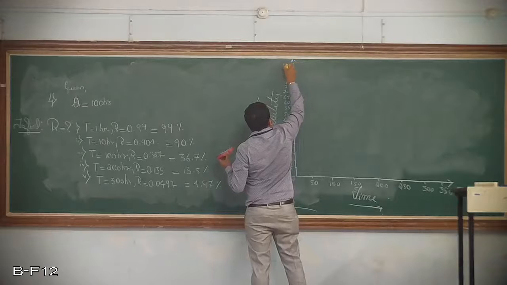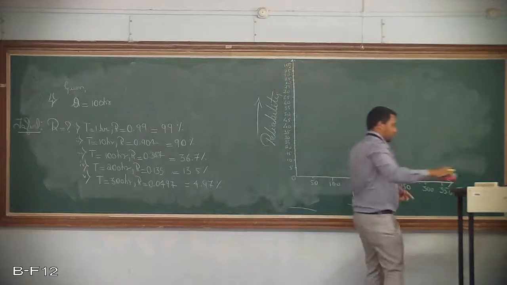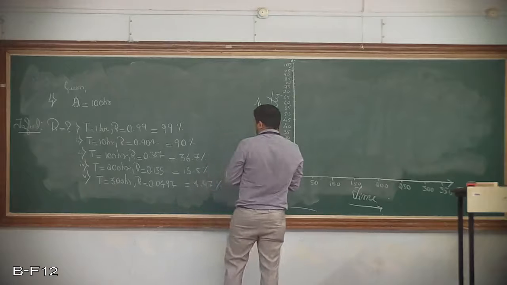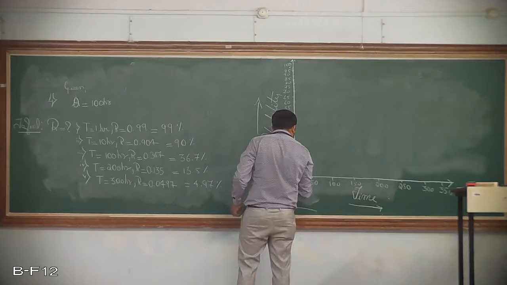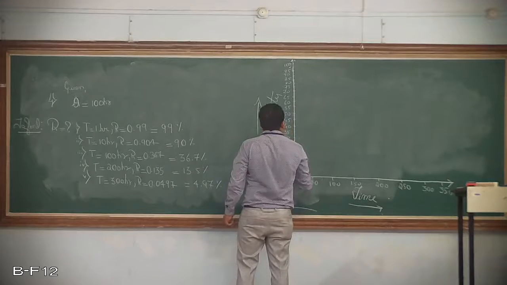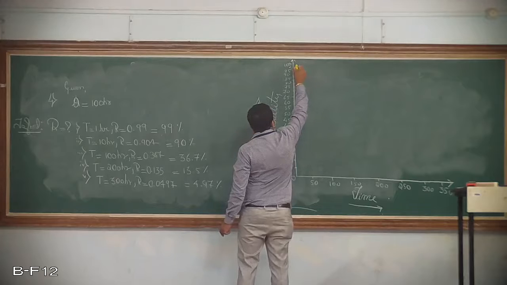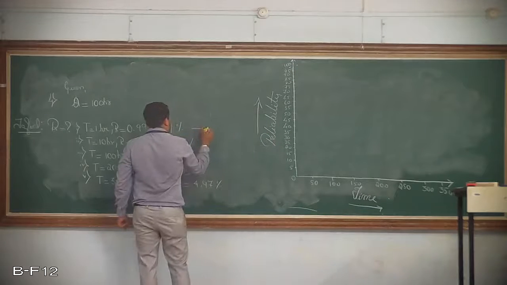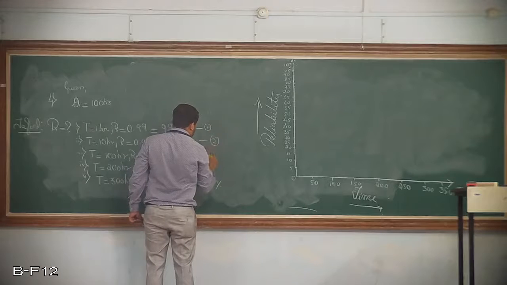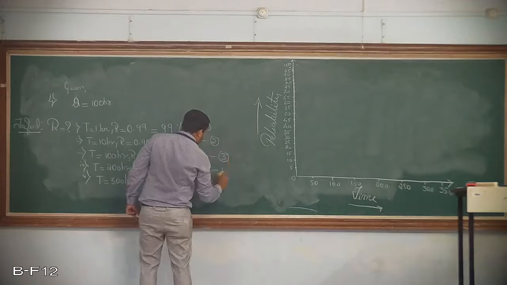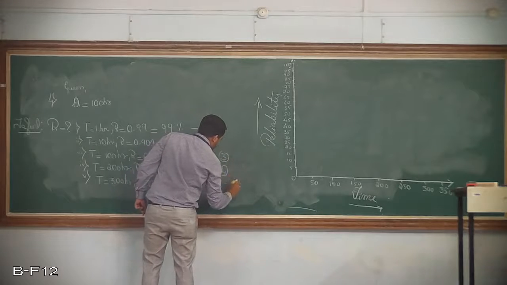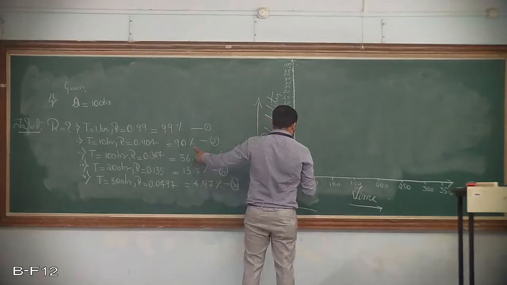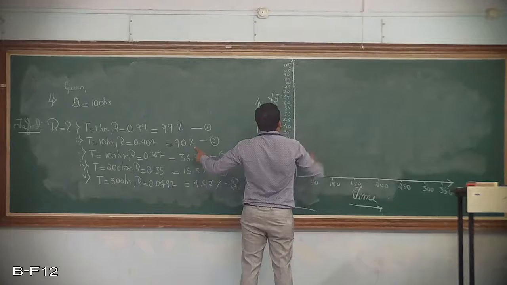And this will be 100, and the first is for a time of 1 hour, and we'll assume this time here as 1, and the percentage is 99%. This is the first point. Second is at 10 hours, we'll assume it here, 90%.